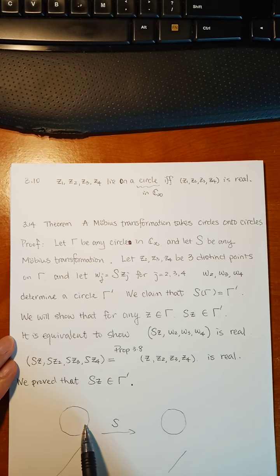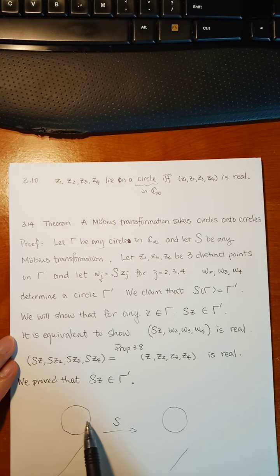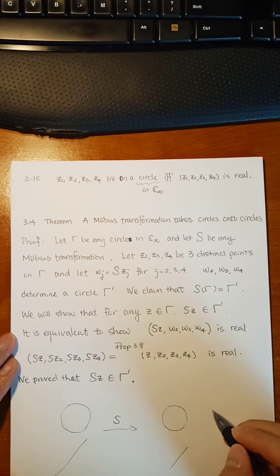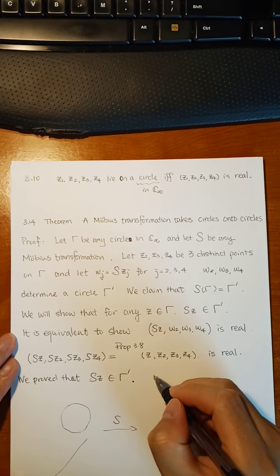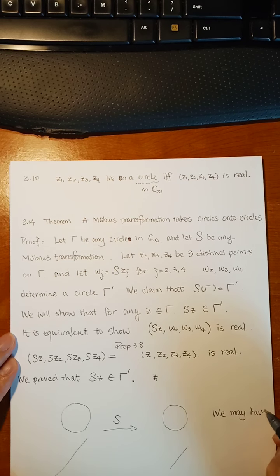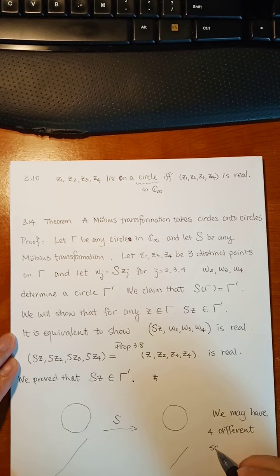But possibly we map a circle to a straight line, or a circle to a circle, or a straight line to a circle, or a straight line to a straight line. So this is the end of the proof. We may have 4 different situations.